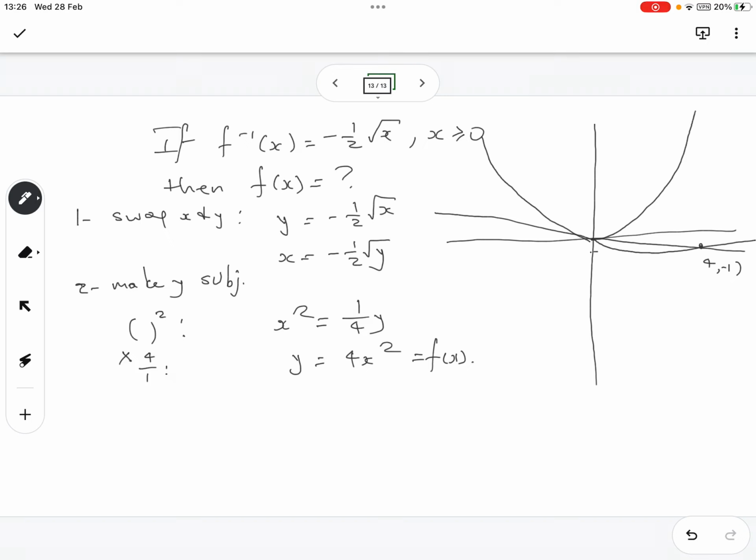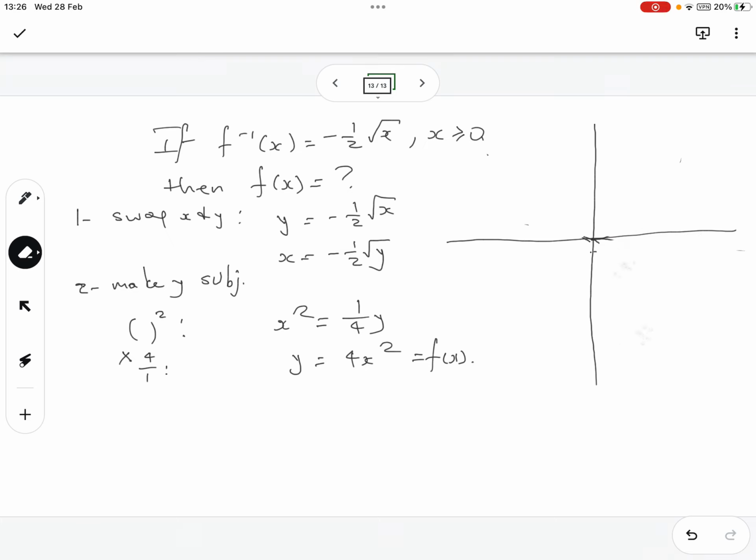But at the point x equals 4. It looks very weird. Let me start it afresh. Can we have arrows as well? And I guess different colors as well.